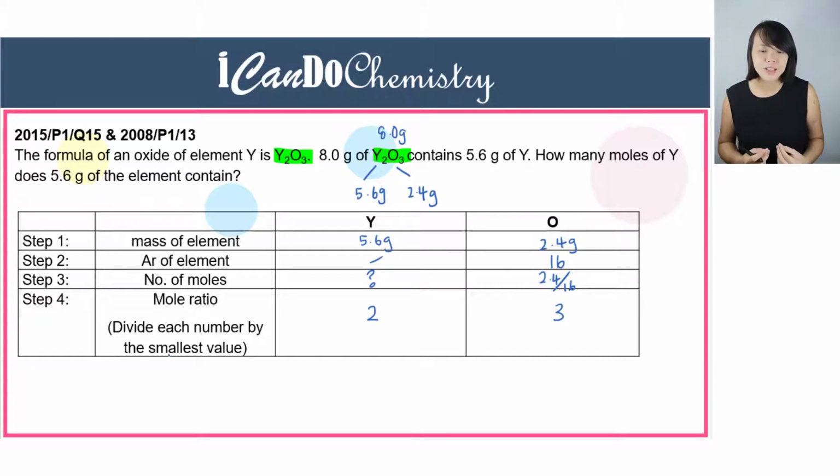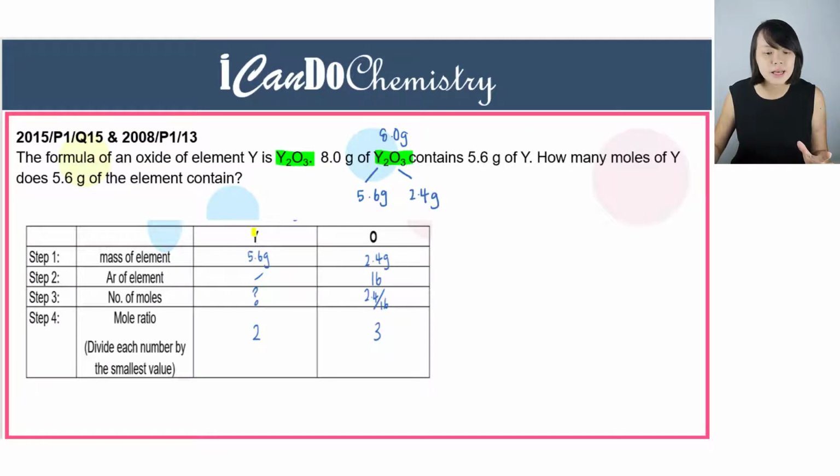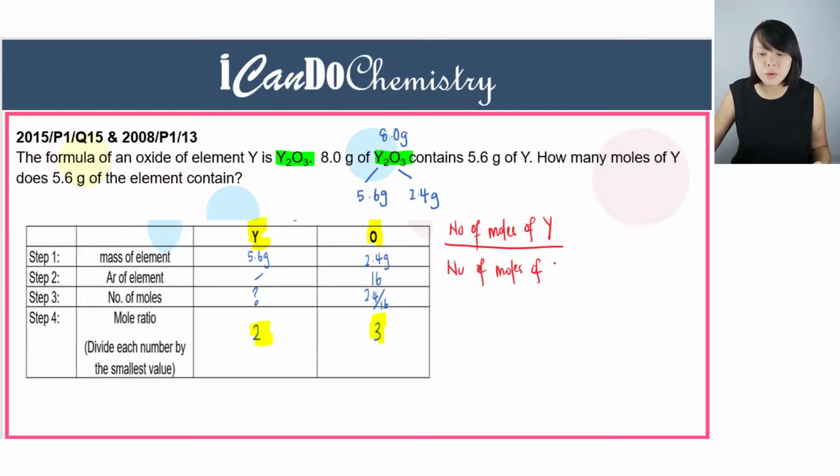So at this point, are we able to work out the number of moles of Y? Let me bring the table to the left. From here we can see that the mole ratio between Y to O is 2:3. So the number of moles of Y over the number of moles of O is 2:3.